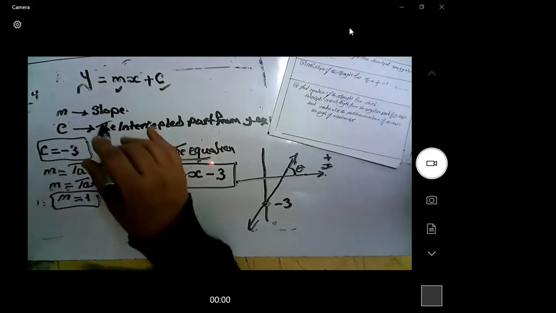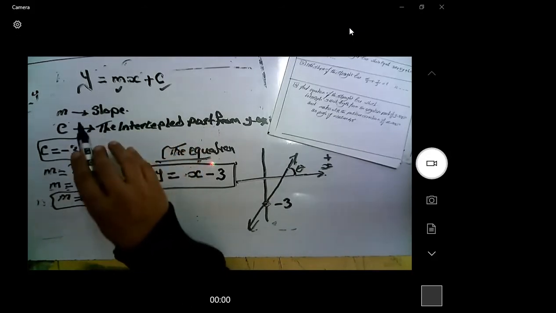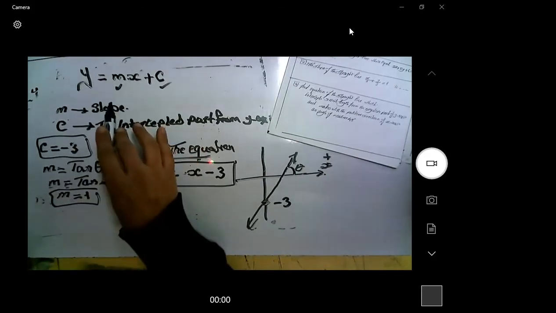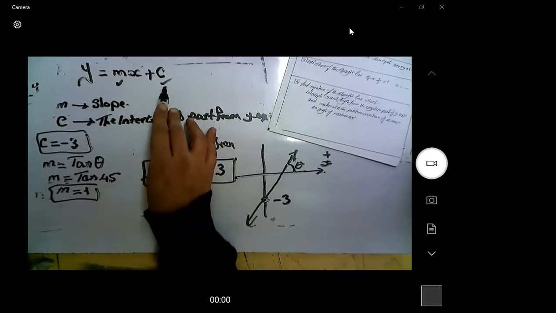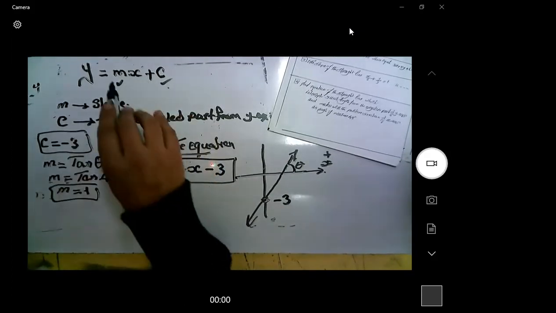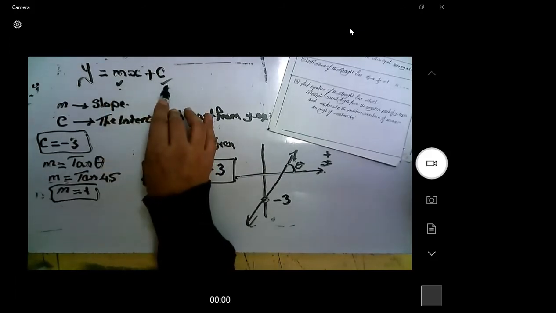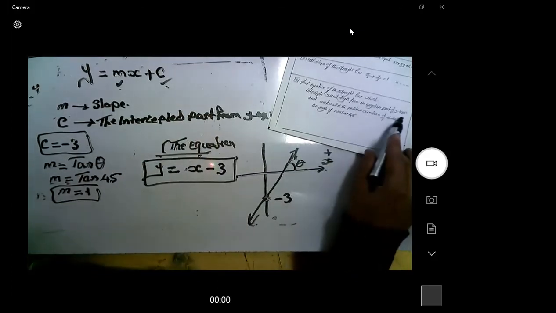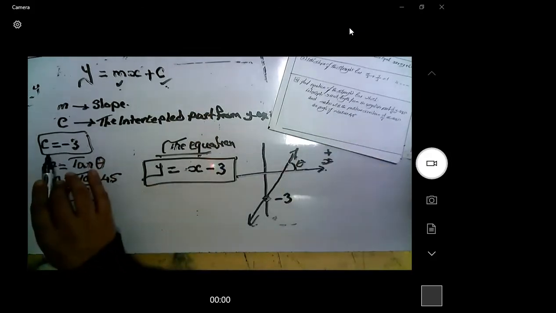So if you want to get the equation of the straight line in the right form, y equals mx plus c, you need the slope of the straight line and the intercepted part from the y-axis. Our straight line intercepts 3 units from the negative part of the y-axis, then c equals -3.